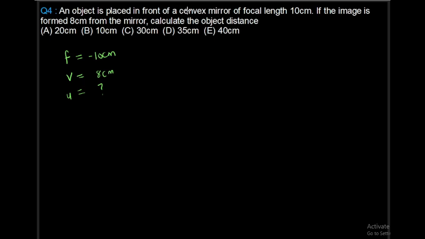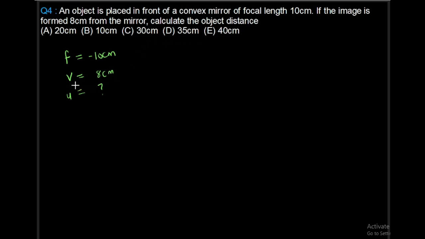Do not forget we are dealing with a convex mirror, and images formed by convex mirrors are always virtual. The nature of the image formed by a convex mirror is always the same. We have virtual, erect, and diminished. All right, VED.